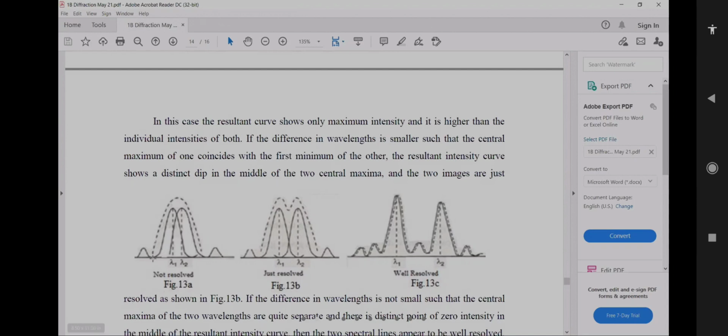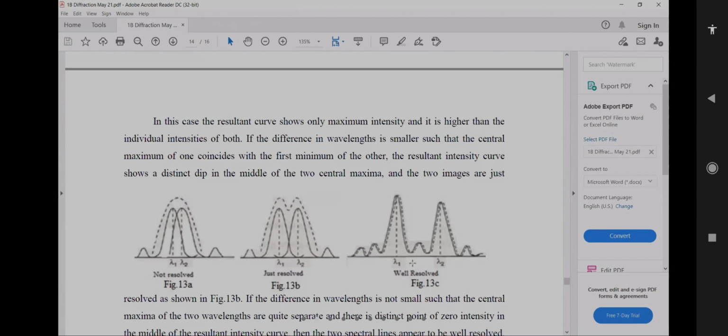Here the central maxima of the first spectral line and this is the first minima of the second spectral line. So the wavelengths are lambda 1, lambda 2. Due to coincidence of these two, they give a peak maximum intensity like this.